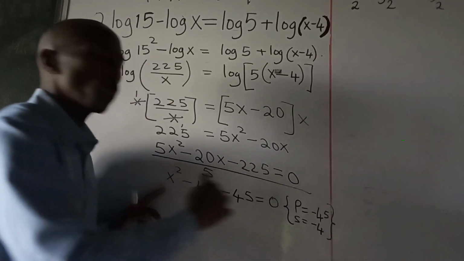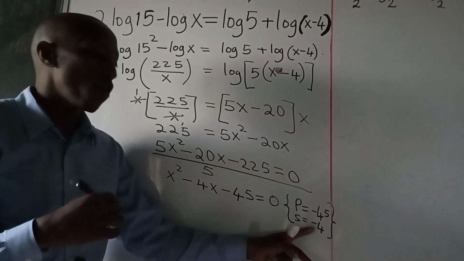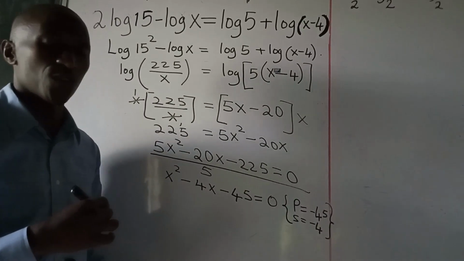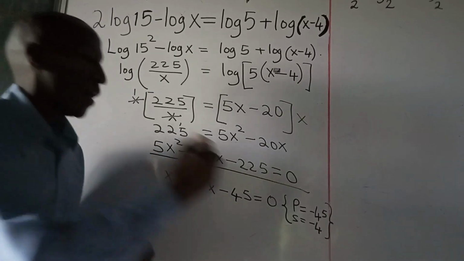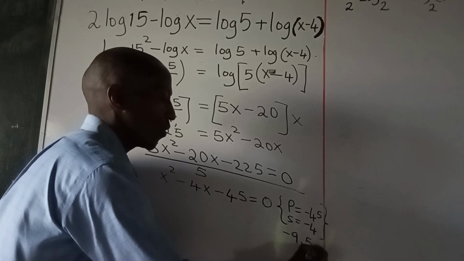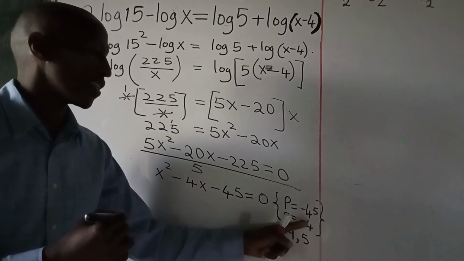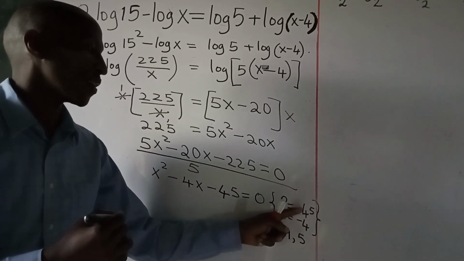Which are these two numbers? When you add, you get negative 4. When you multiply, you get negative 45. So work it out, and I want to believe that you got negative 9 and positive 5. When you add the two, you get negative 4. When you multiply, you get negative 45.